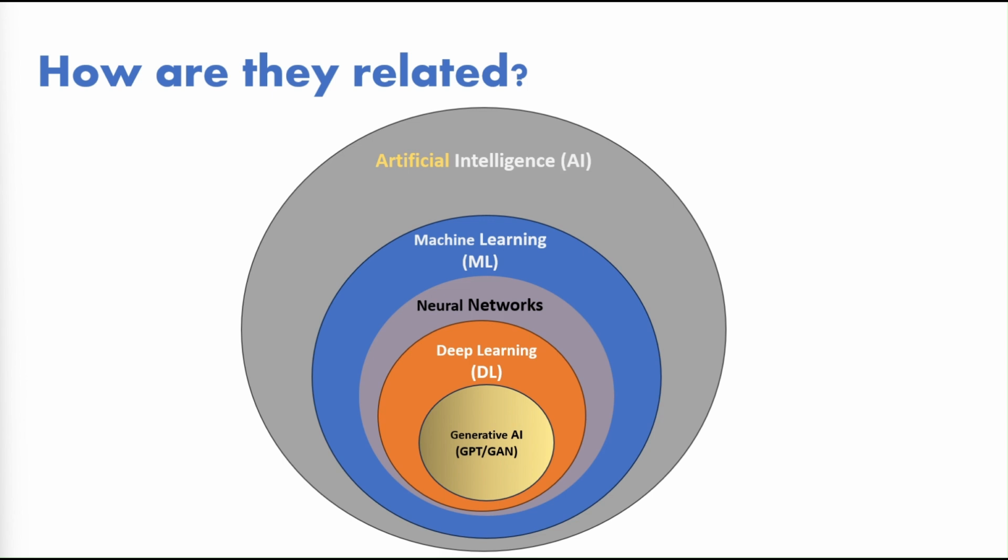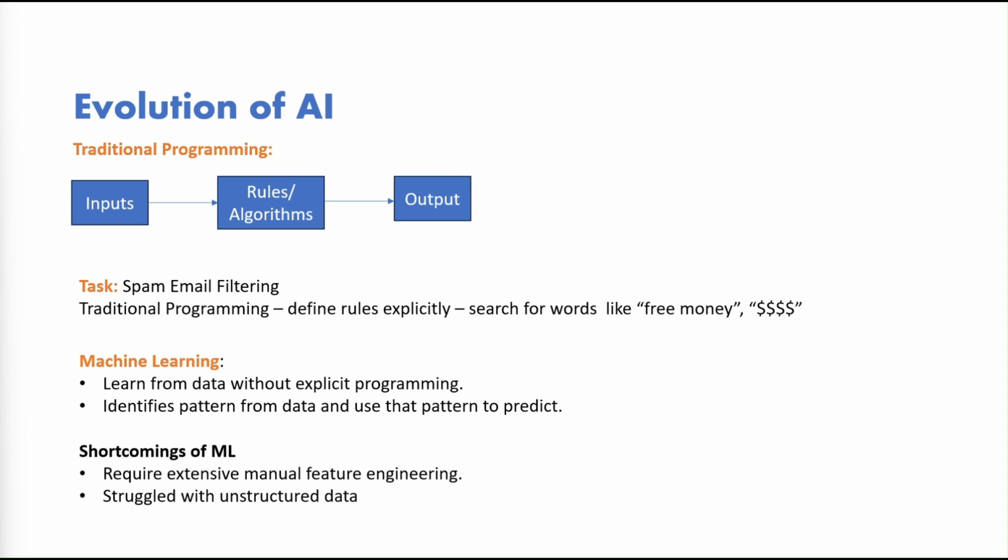Now let us look at how AI has evolved. For decades, programmers have written code that takes inputs, processes them using a set of predefined rules or algorithms, and produces an output. Let's consider the task of identifying spam emails. In traditional programming, each rule must be explicitly defined by the programmer.